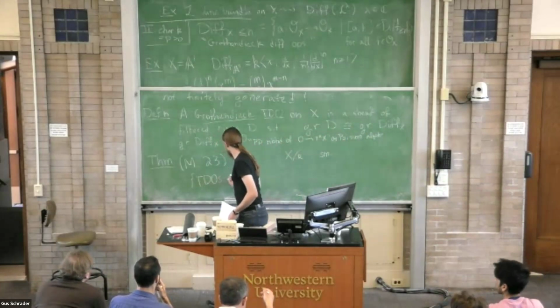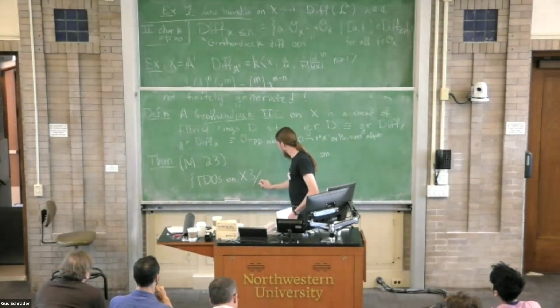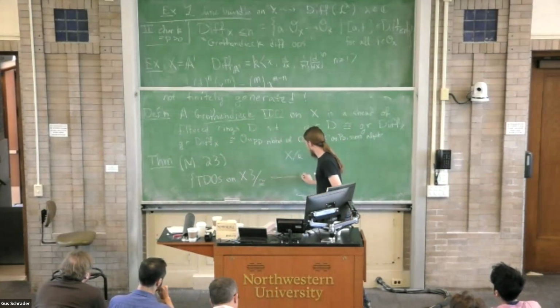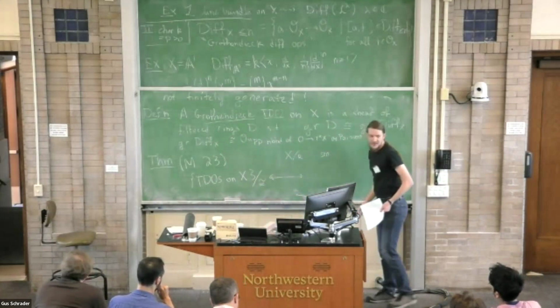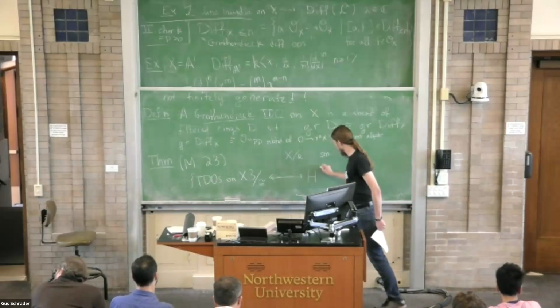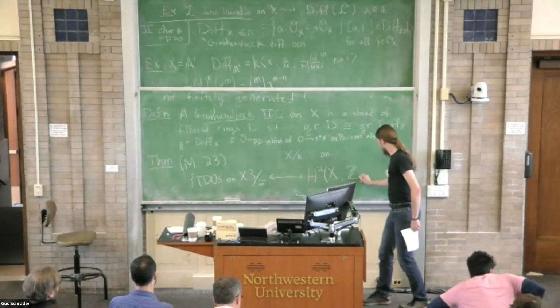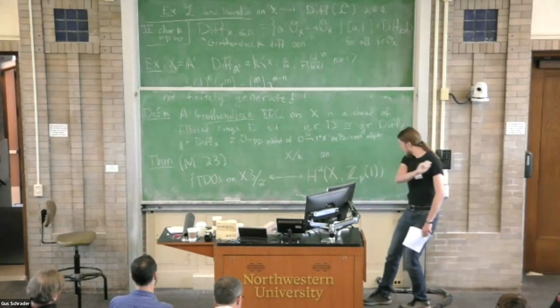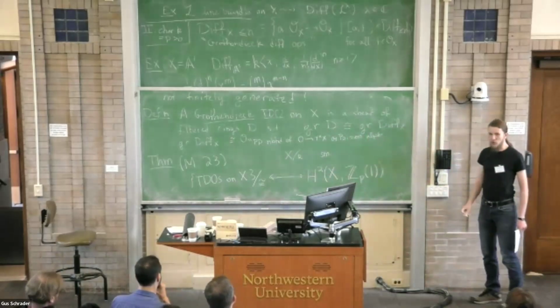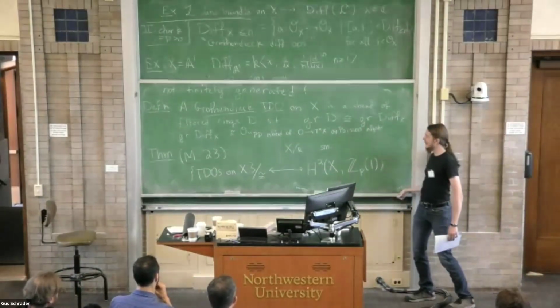So the main theorem: TDOs on X in the sense above, up to isomorphism, are in bijection, again, with a cohomology group. It is so-called syntomic cohomology of X in weight 1. Sorry, is that too low? Yeah.